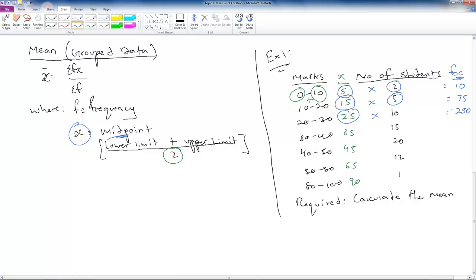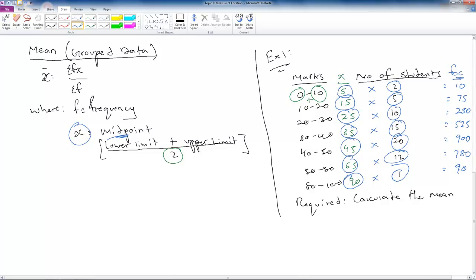Then 35 times with 15, you'll get 525, and 45 times with 20, you'll get 900. 65 times with 12, you'll get 780. And of course finally 90 times 1, you will get 90.